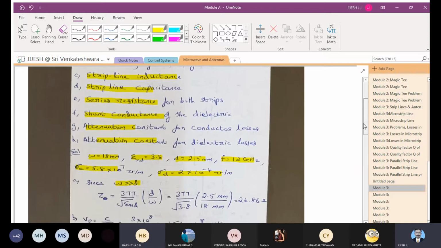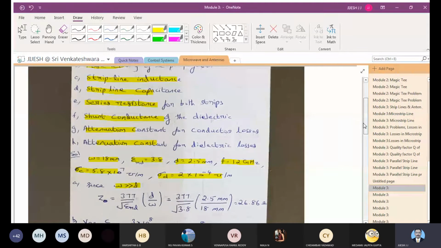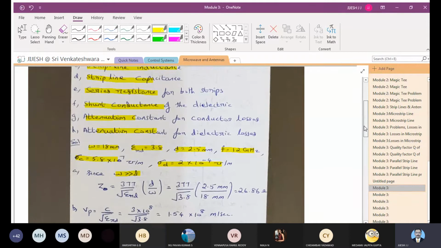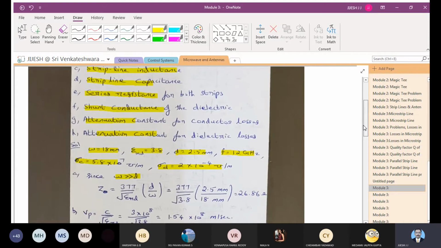Which equation have you used? Vp is equal to C divided by root of epsilon RD. You got the same answer, no? 1.54 into 10 to the power of 8 meter per second. Yes, sir. Okay, good. Once you complete it, the next one is strip line inductance.